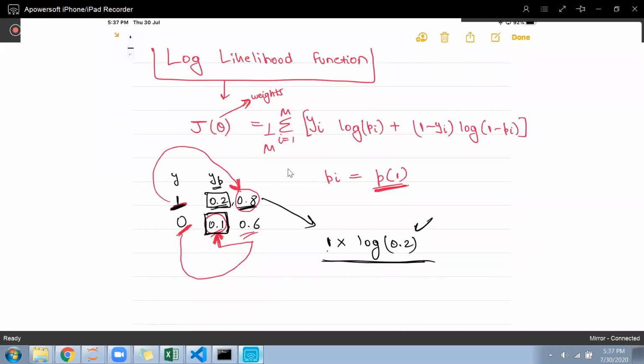Okay, and why have I used log over here? If the value is in the fraction part, then this log will magnify this value.